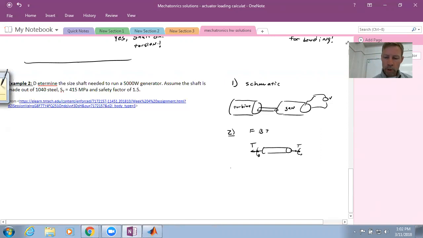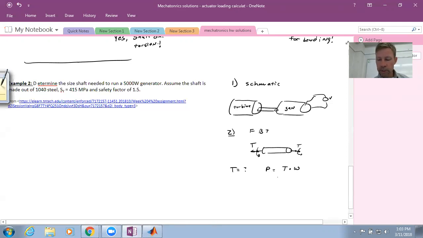So I need the torque. Well, I'm given that it's a 500-watt generator. 500 watts is power, so I can go look at my sheet that relates force, torque, work, energy, and power, and it tells me that power is given as T dotted with omega.